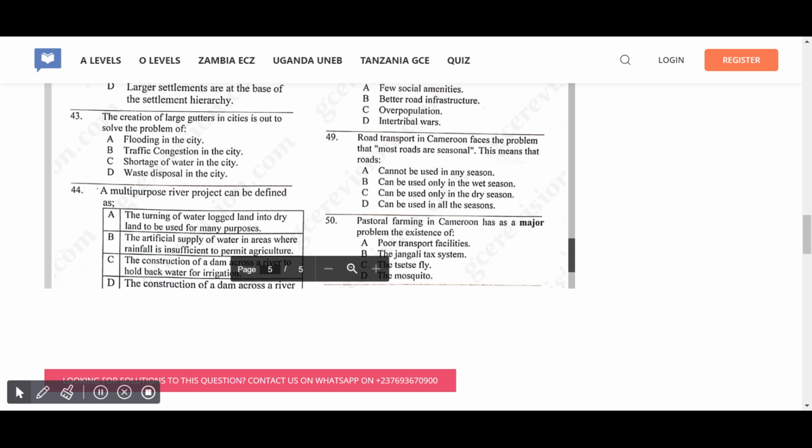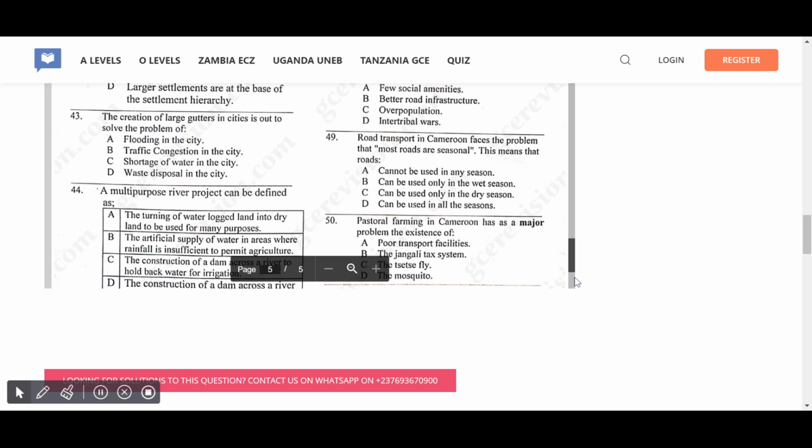The creation of large gutters in cities is to solve the problem of... The answer is A. To solve the problem of flooding in the city.